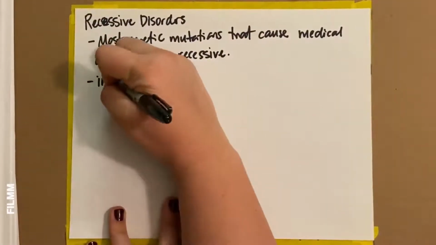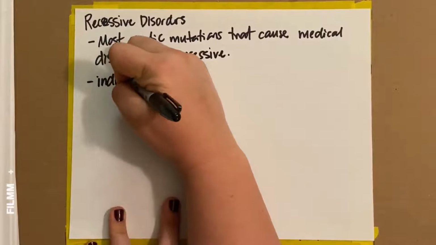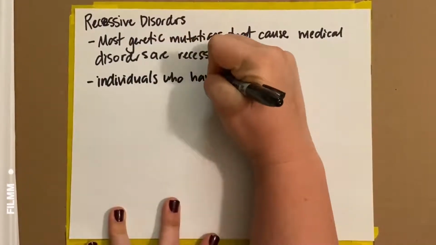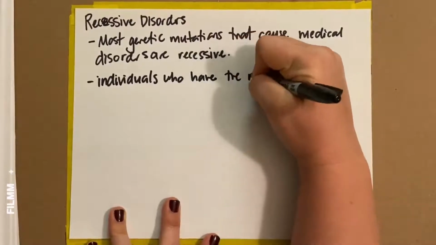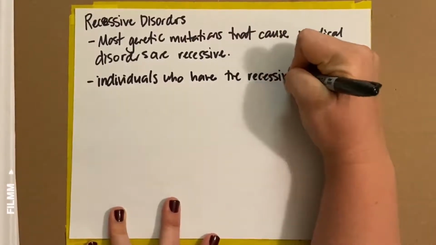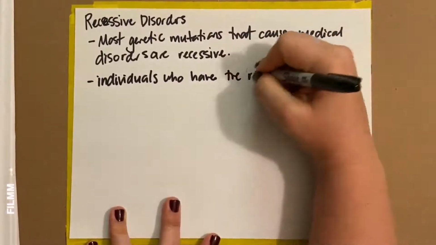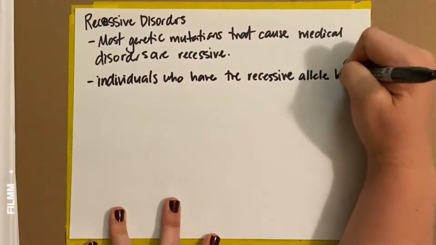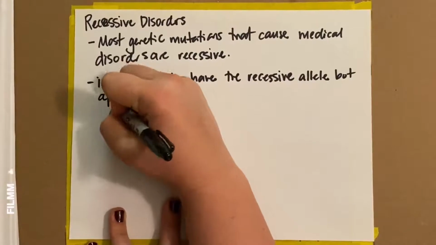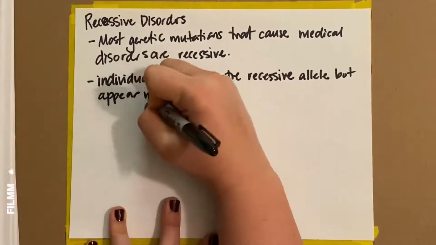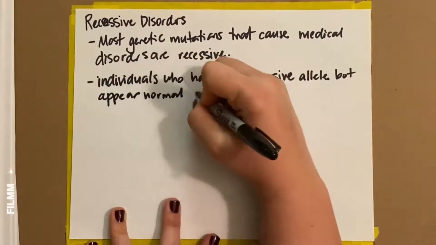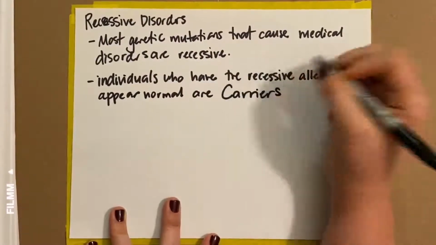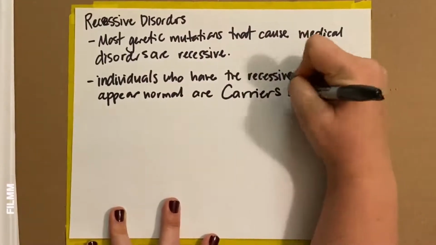Okay, so individuals who have the recessive allele, basically the heterozygotes, but appear normal, are what we call carriers of the disorder.